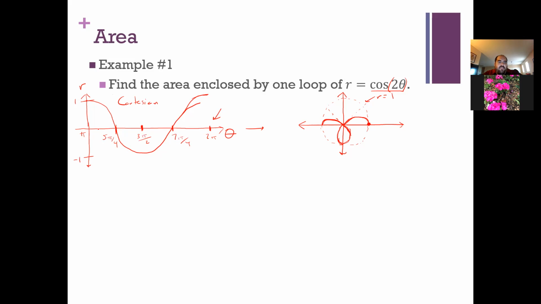So when I go from pi to 5 pi over 4, I know when I get to 5 pi over 4, I'm going to return back to 0. It's going to look like that. When I go to 3 pi over 2, I'm going to be negative, so really that's going to be going upward.